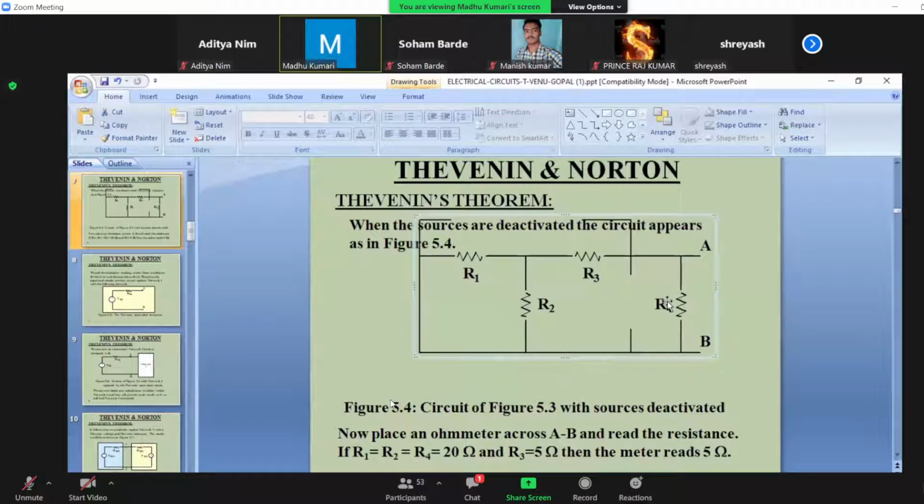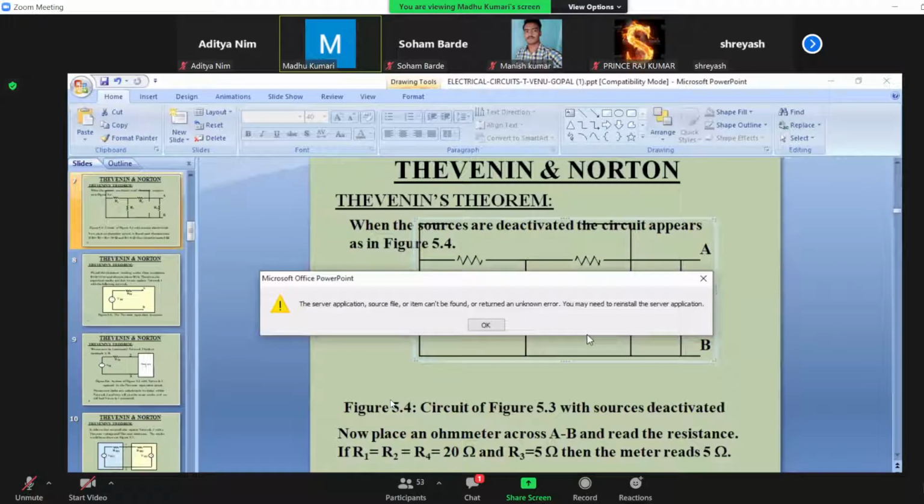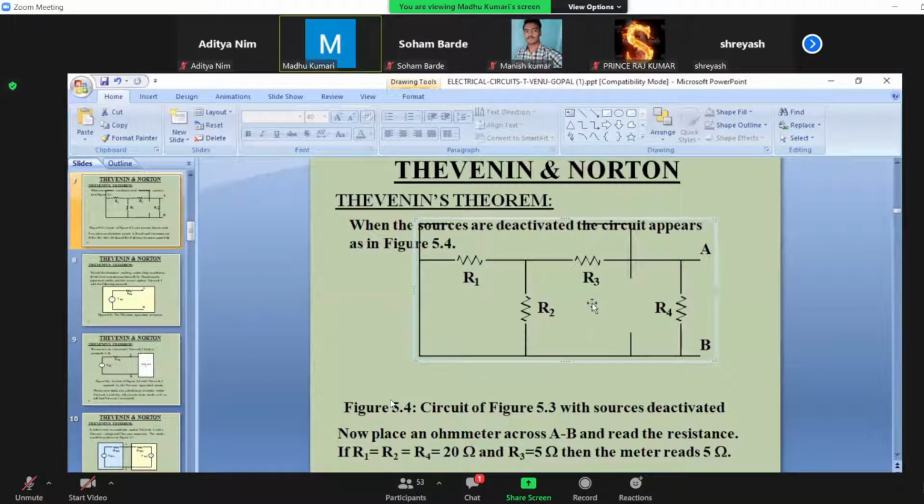And the next point is V Thevenin. V Thevenin is the open circuit voltage VOC at A and B. How will you calculate the open circuit voltage at A and B?